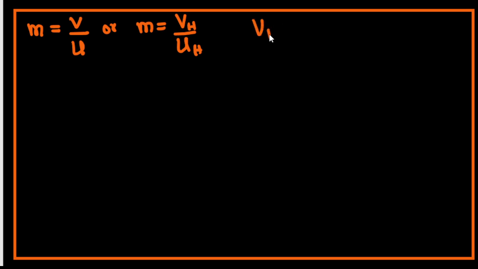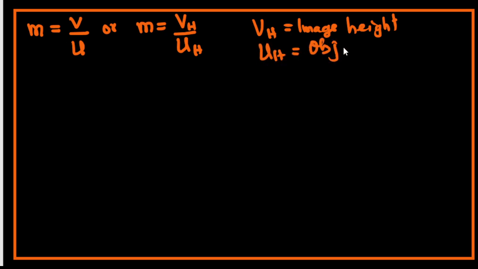VH is called the image height, or you can simply say size, while UH is called the object height, or you can also say size.